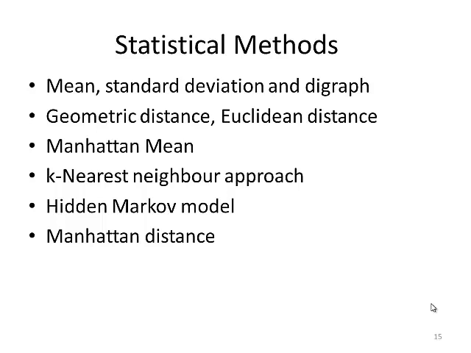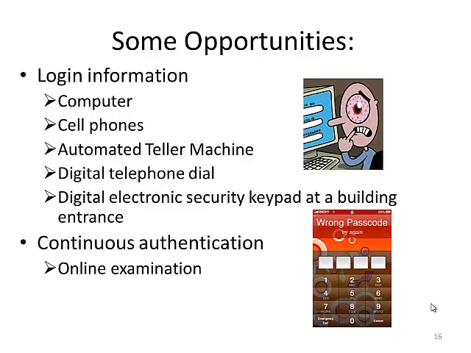There are digraphs, geometric distance, Euclidean distance, Manhattan mean, KNN, which is a machine learning model, a Markov model, and the Manhattan distance model. These particular statistical methods can be improved on, maybe changed a little bit during your application, which can enhance the accuracy of authentication.